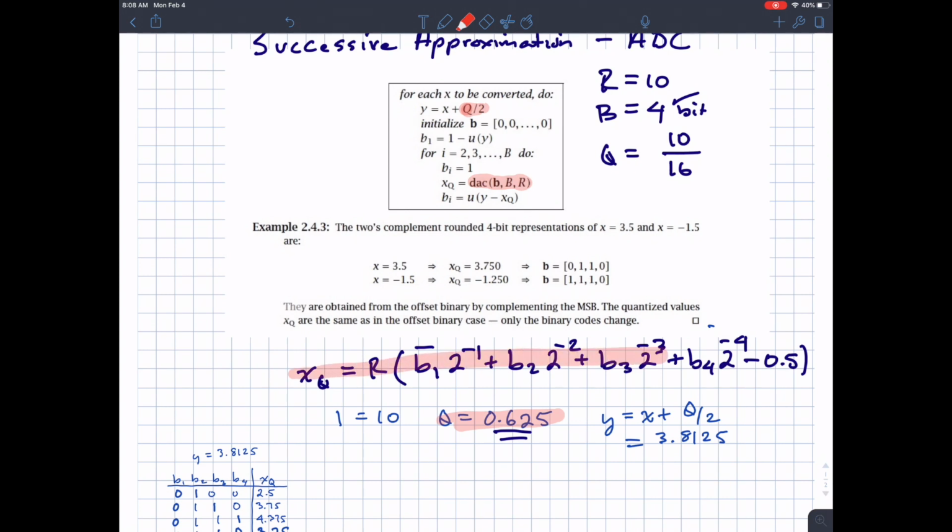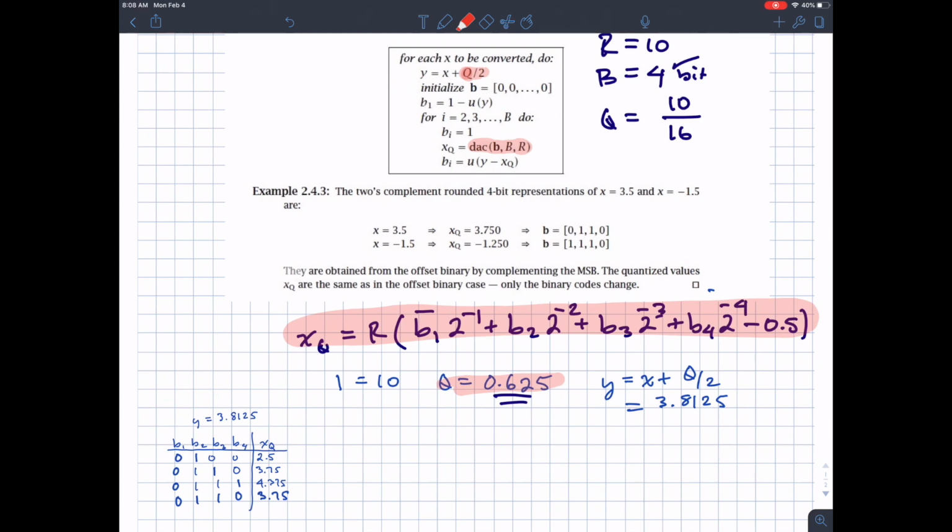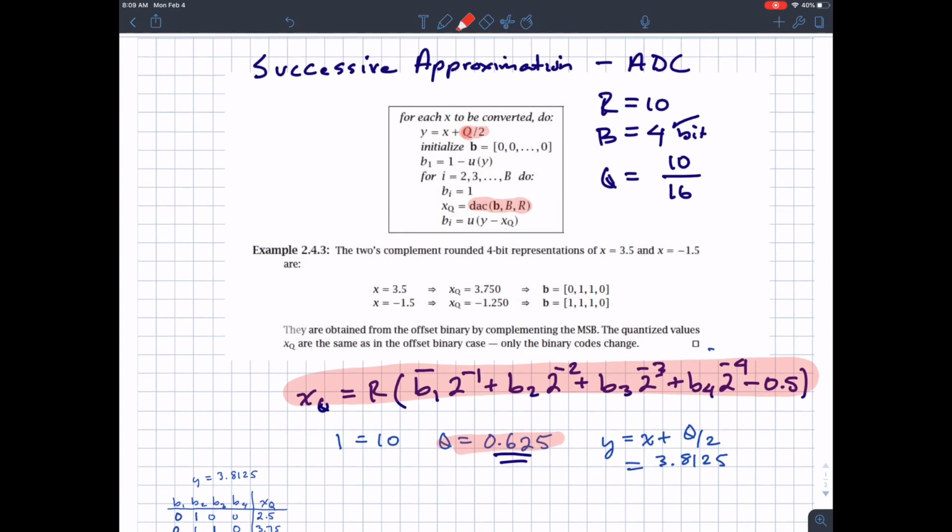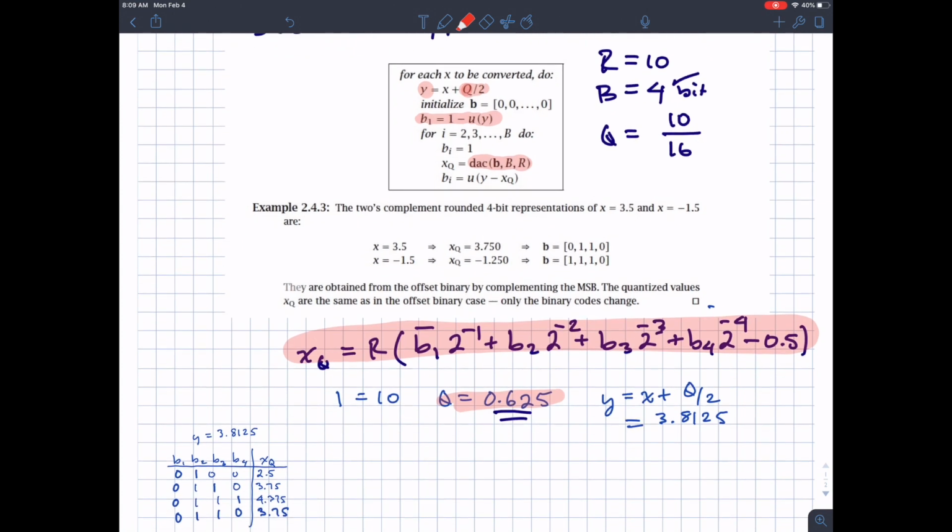Here's the formula for 2's complement. You talked about this way back in digital logic. Once we know the bit pattern, we can plug in the bits and calculate xq. Another thing to notice from the formula is that the very first bit is set according to the sign of the number. So you calculate y is equal to x plus q over 2, which we did here.